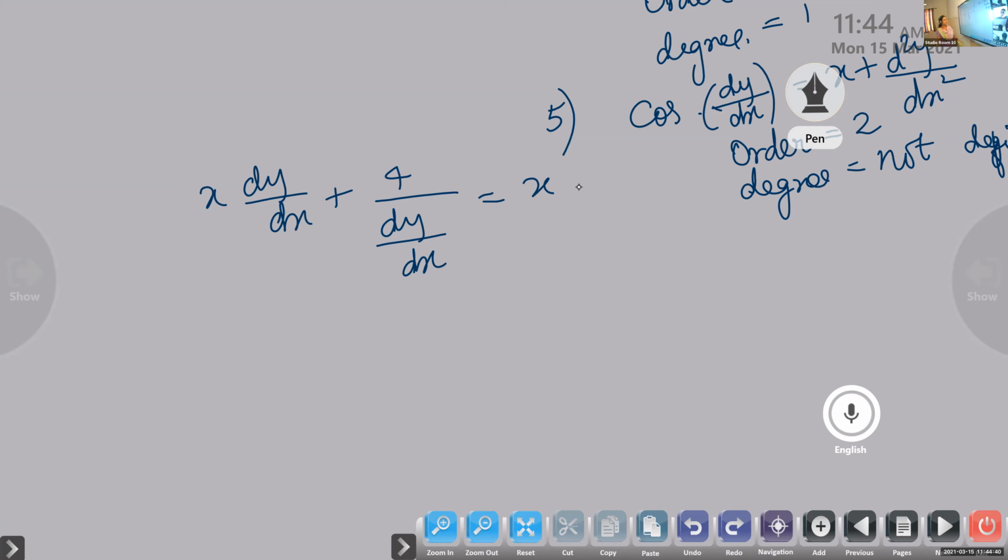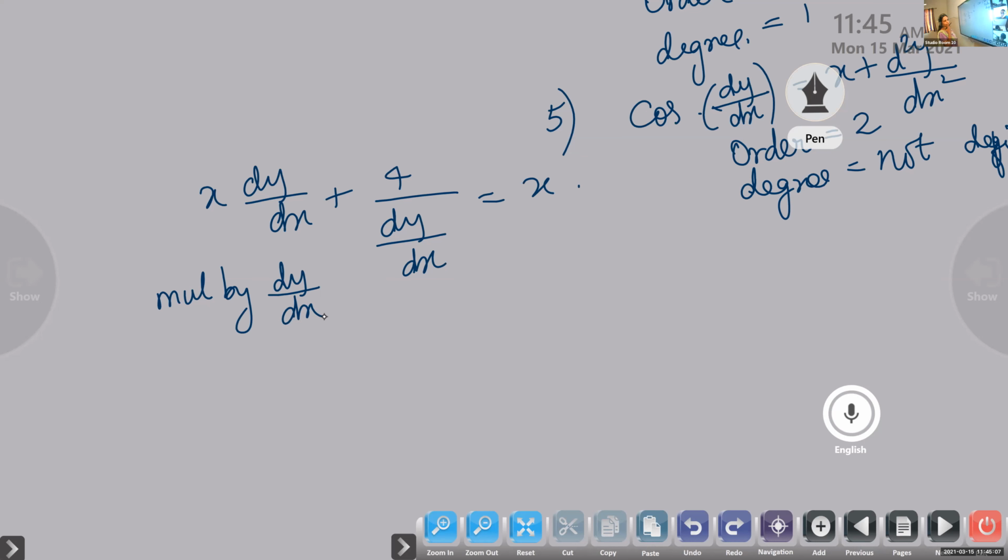Look at here. Whenever we get functions like this, we should try to remove the negative powers, fractions and all. For this, what can we do? We have dy by dx in the denominator, so we should remove that one. We can multiply throughout by dy by dx.